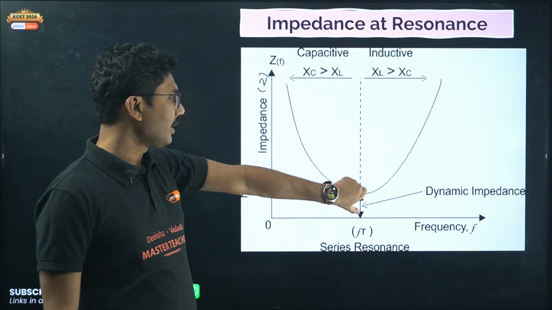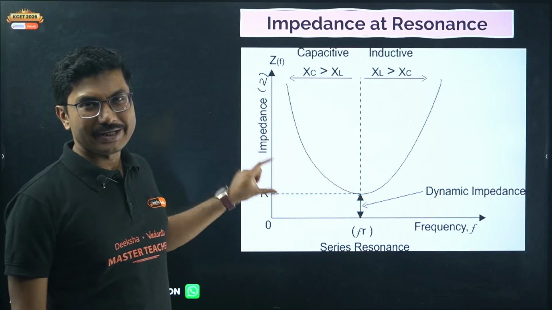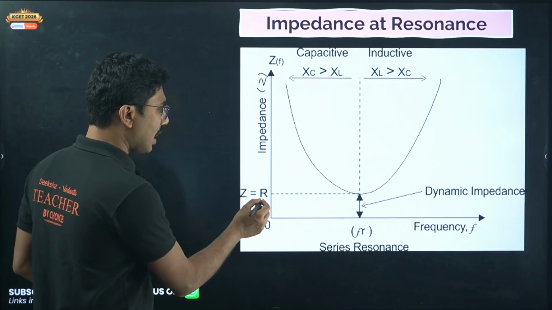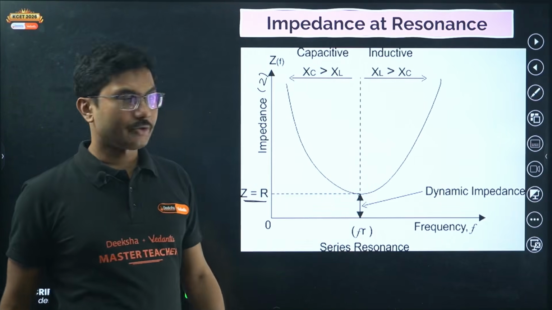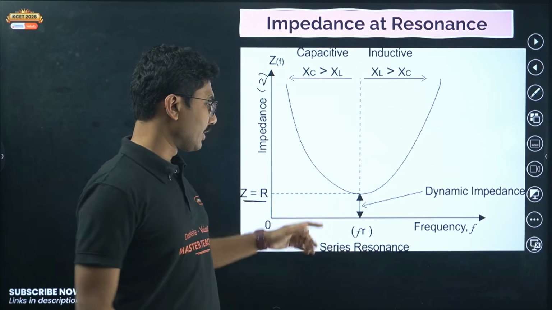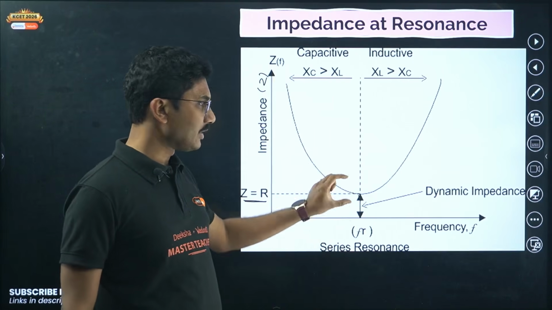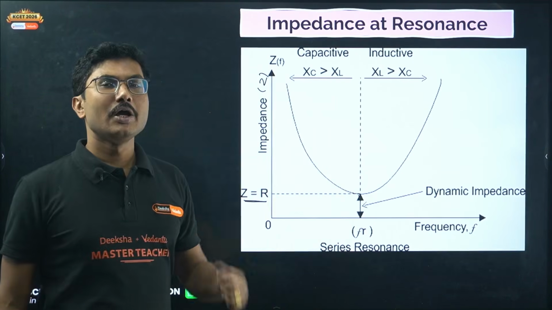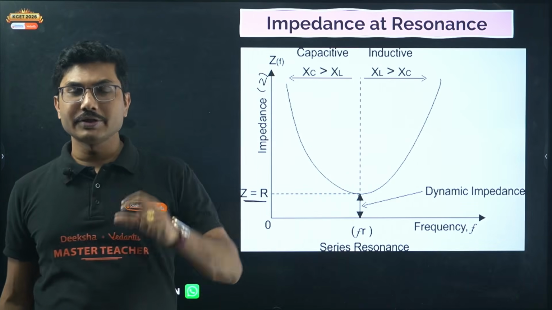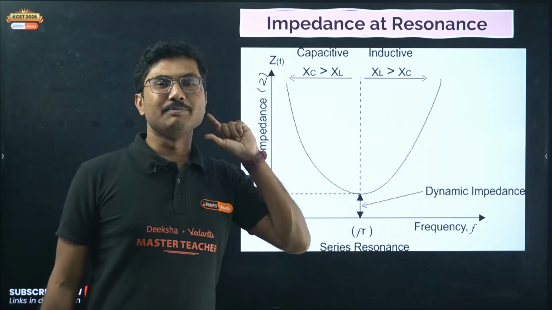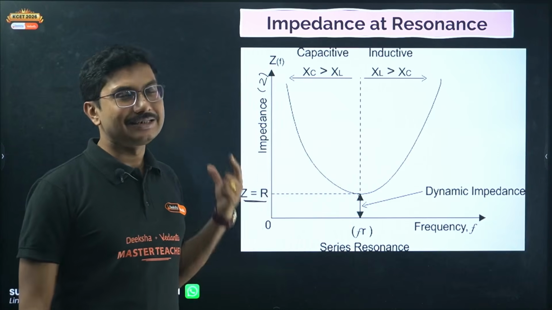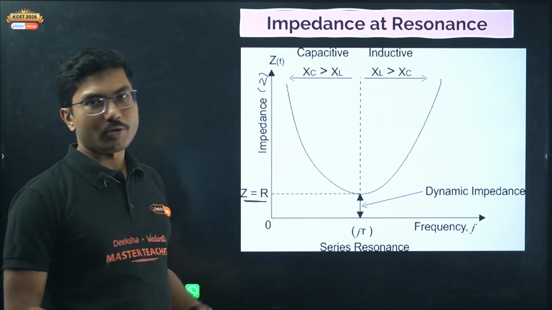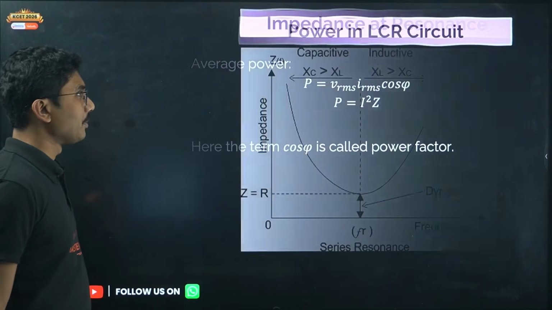At this point the impedance is minimum, equal to R. Impedance equals R at the point of resonance. So this is the resonance condition. At resonance, impedance is minimum and XL equals XC. These are very important points that you need to remember.